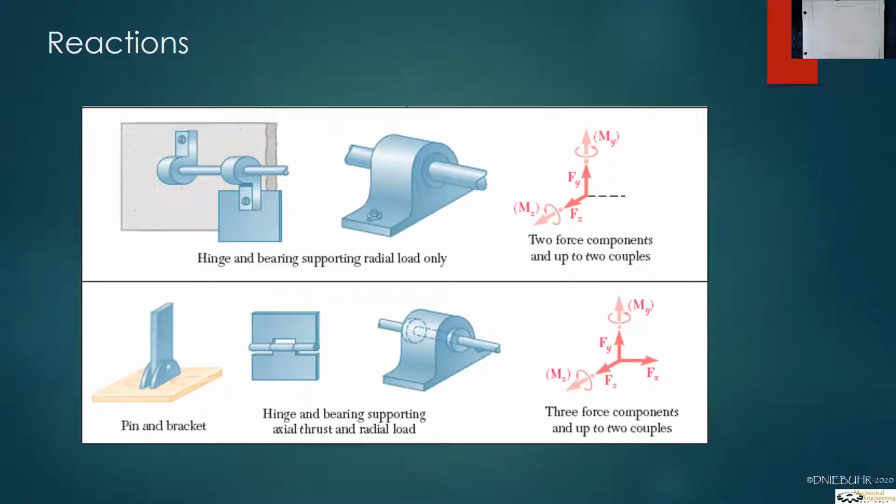One other thing is the idea of bearings and hinges. Just like I discussed earlier, when you have this type of structure where you have a bearing, you're only going to be able to support forces and moments in the direction of the bearing, or the non-directional bearing. So any kind of a lateral or axial load will not be supported in general by bearings, and so you won't have to deal with them.